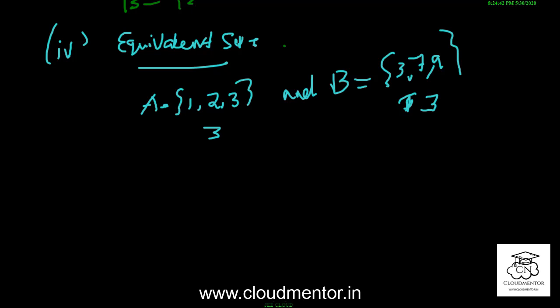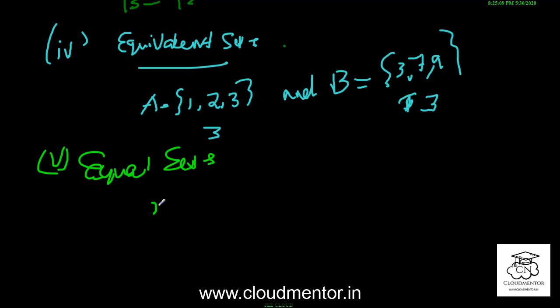Now let's look at the other one, that is equal sets. If A and B are two non-empty sets and each element of set A is an element of set B and each element of set B is an element of set A, then sets A and B are called equal sets.